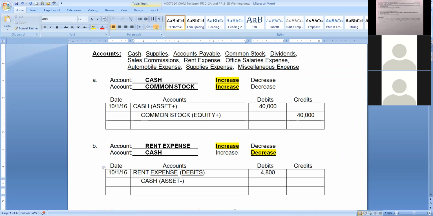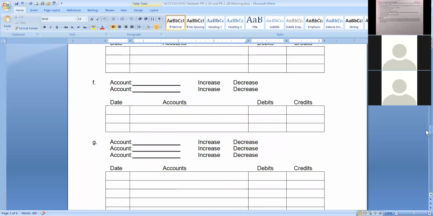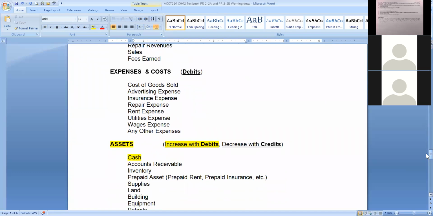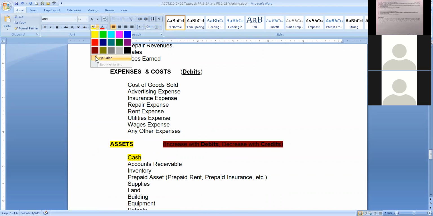Now we know it's a credit because we know what the debit is, but if you come down here and take a look at it, you also see here's cash. It's going to decrease with the credit.